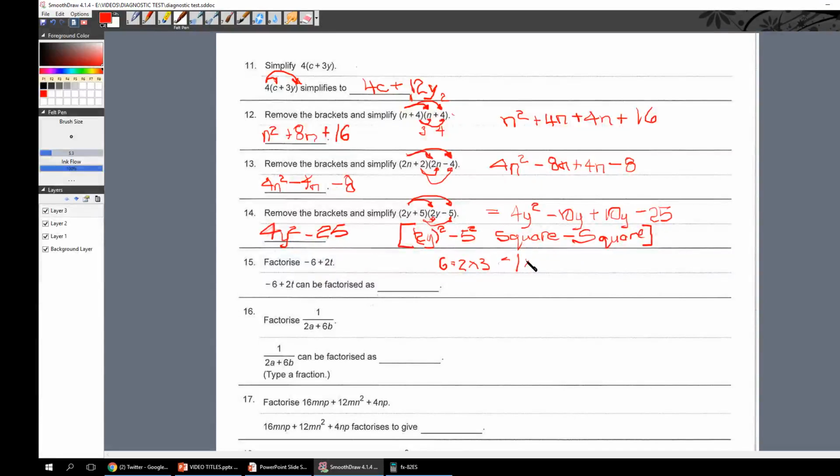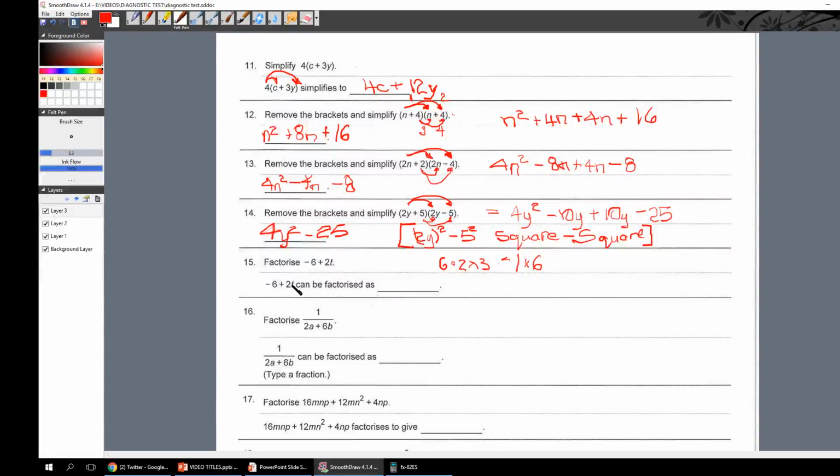So we can say the factors of 6 are 1, 2 and 3. Now if we look at the factors of 2t, it's 2 and t. And 1 I suppose as well, could be in there, and 2t is a factor as well.